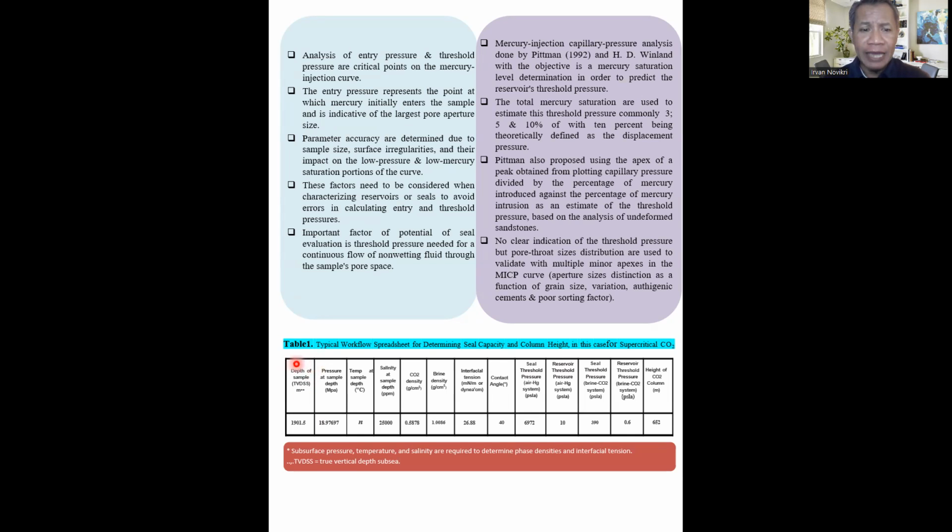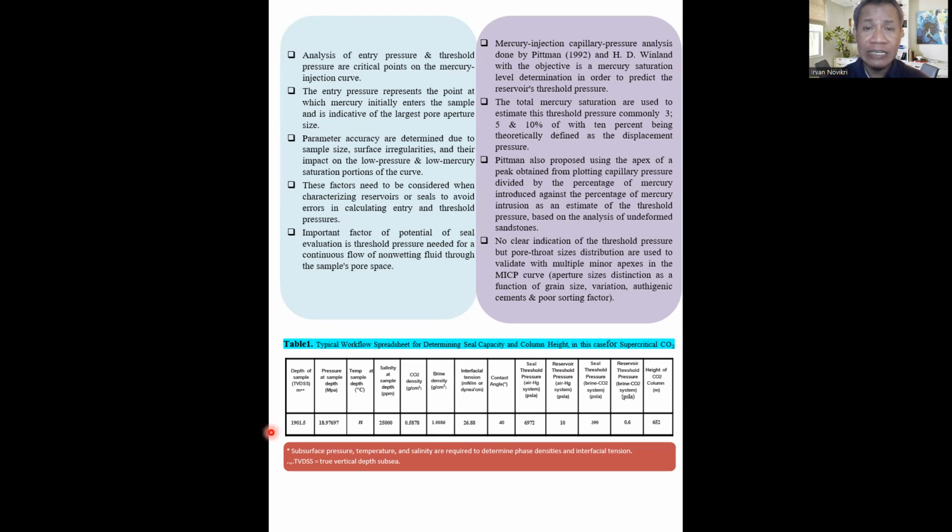If we look at Table 1, it provides a typical workflow spreadsheet used to determine the seal capacity and column height for a specific case involving, I think, supercritical CO2.